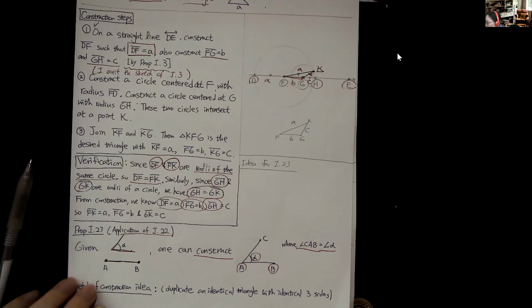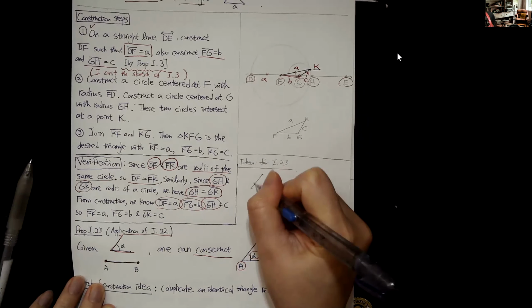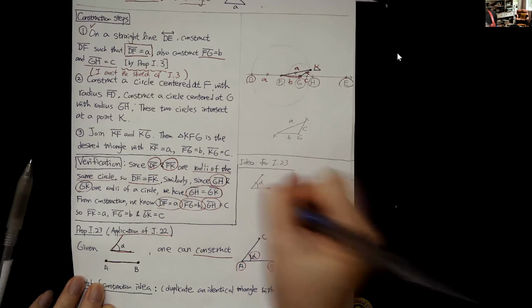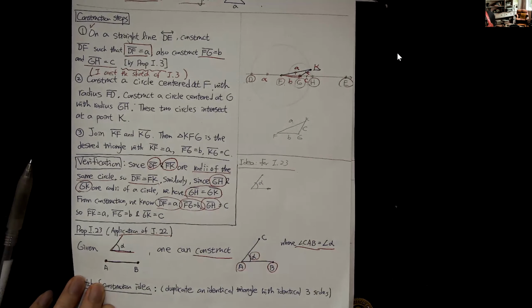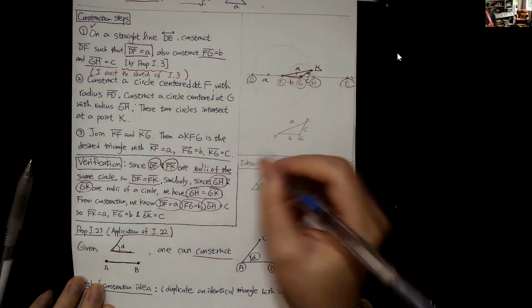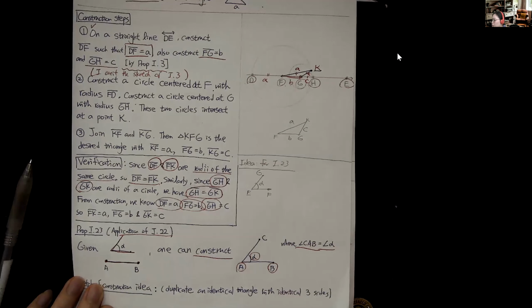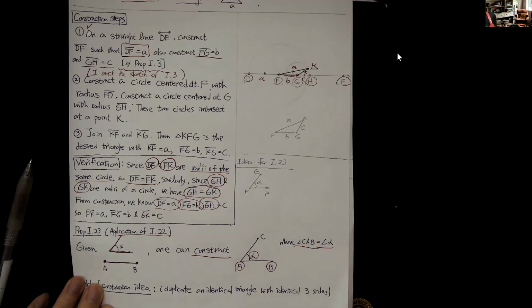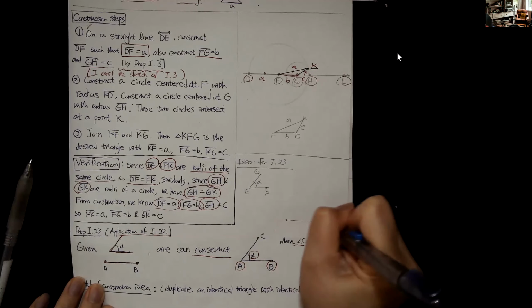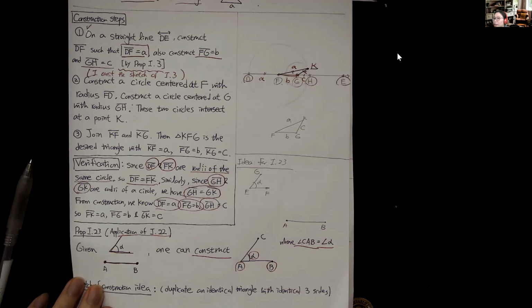Okay, so the idea is, I'm just going to talk about how the construction is done. You have an angle here, right? Let's call it alpha. Let's give the points other names, since I already used A, B, and C. Let's do EFG, it doesn't matter. So I have this angle and I want to reproduce the same angle on this segment AB.